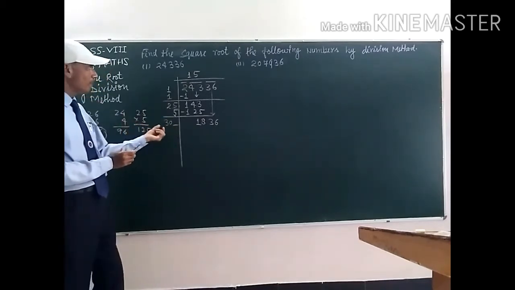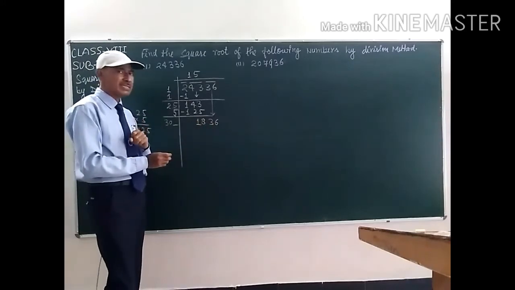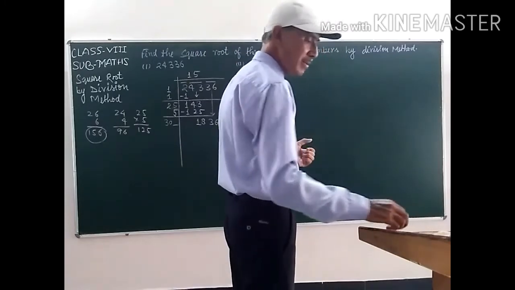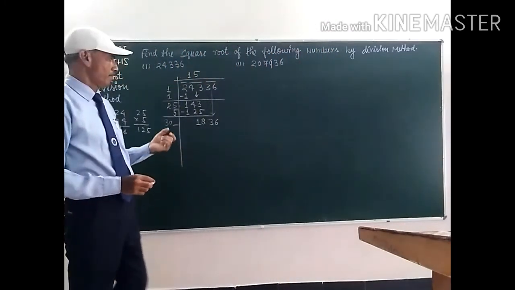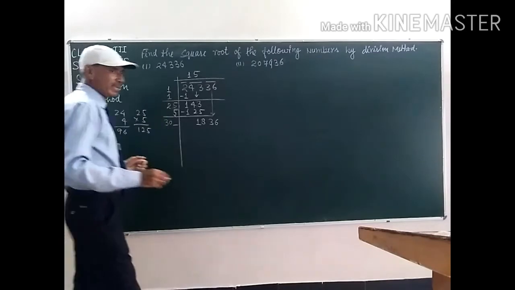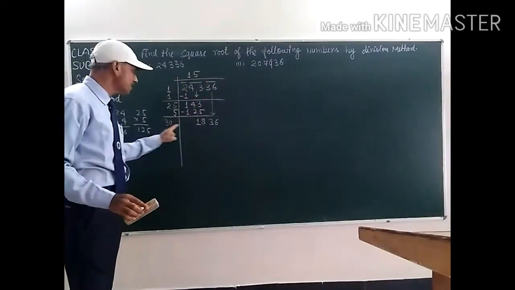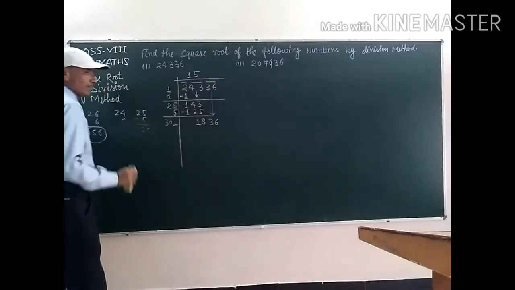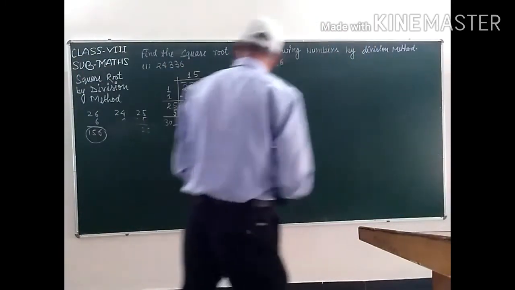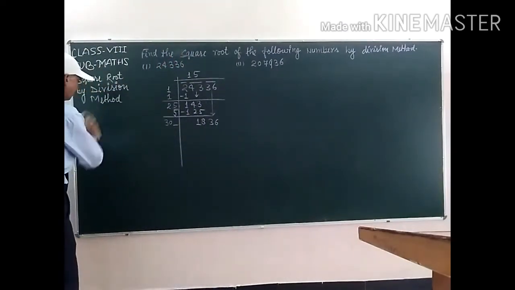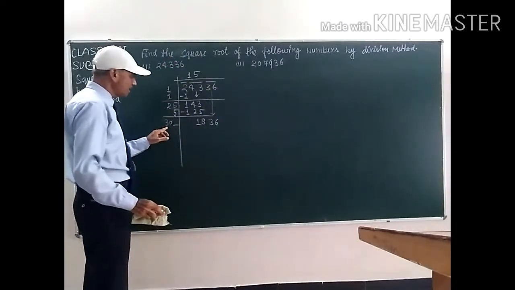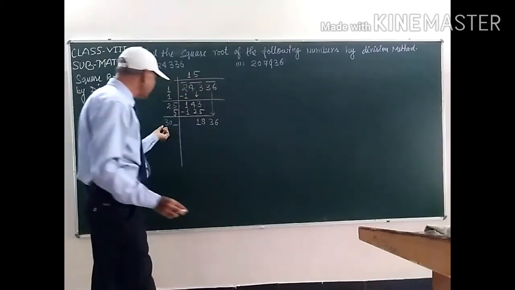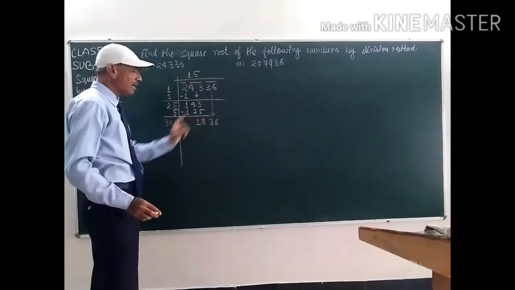Okay, but we will see the last digit is 6, and 6 comes in the square of which number? If we take 6 here, 3 times 6 is 18 and 6 times 6 is 36. Okay students, so guess this number: 306 times 6. 3 times 6 is 18 and 6 times 6 is 36.